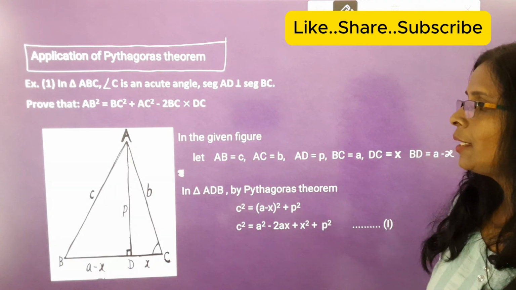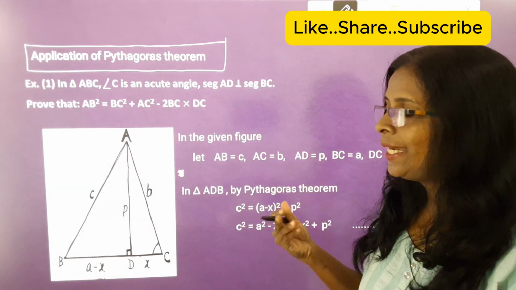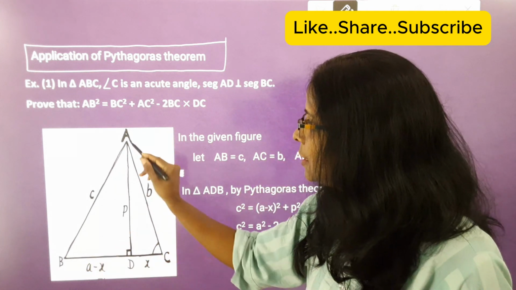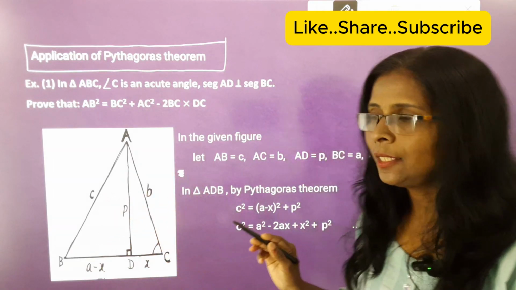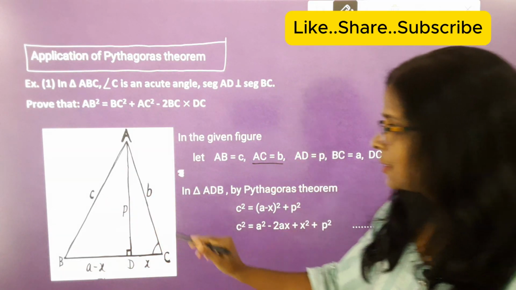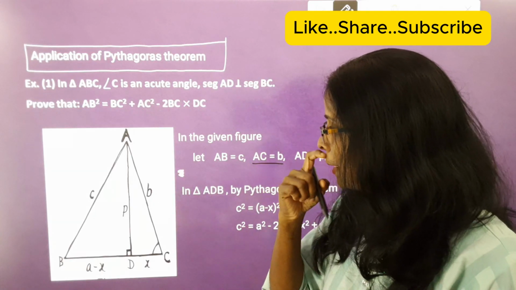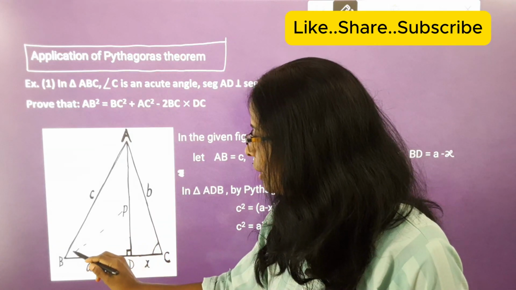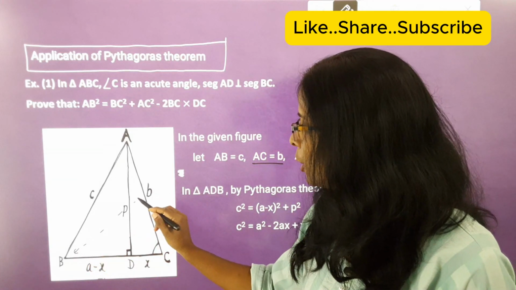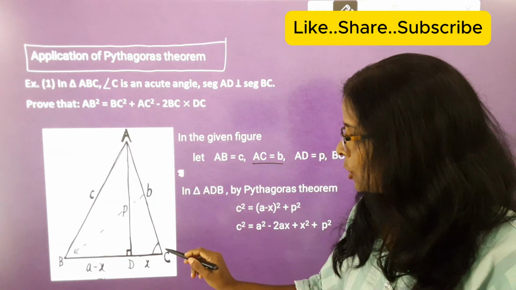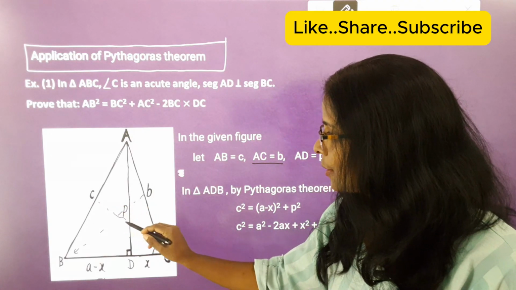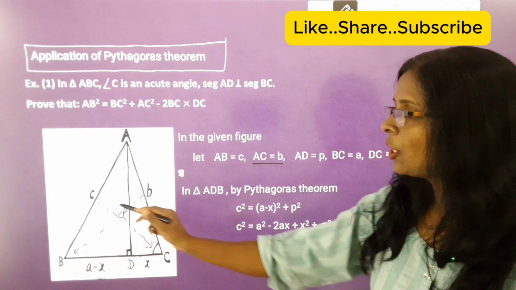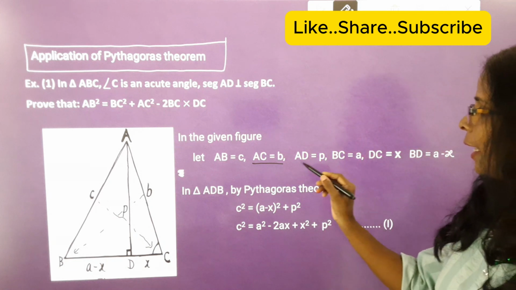In the given figure, let us denote AB as c, and AC as b, because the opposite angle is capital B, so it is called small letter b. The opposite side of the angle capital C is called c.